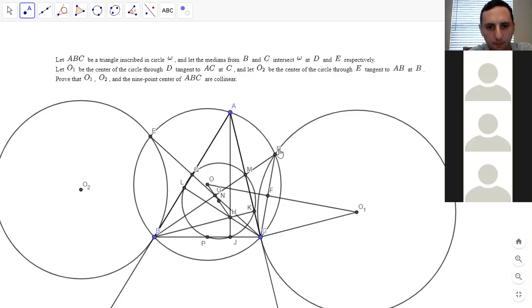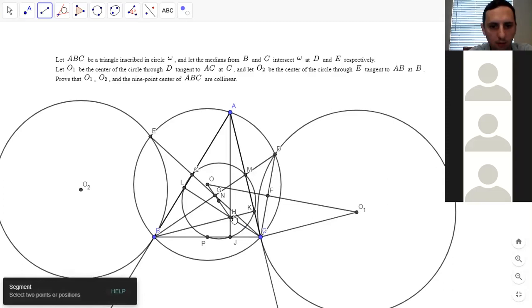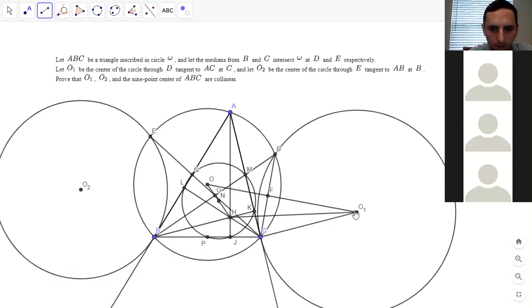Did you have any other idea? I'm not sure. What if we draw the perpendicular? I guess we could try this. Draw the perpendicular to O1H through H and let it meet AC at a point.